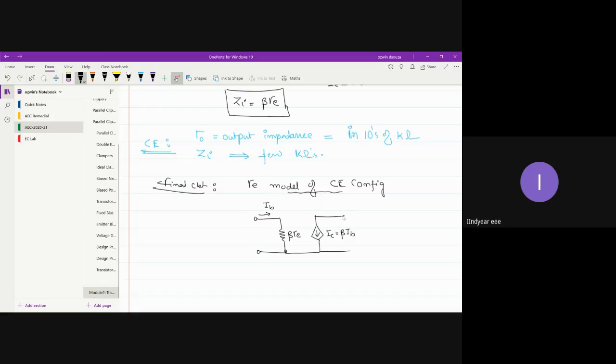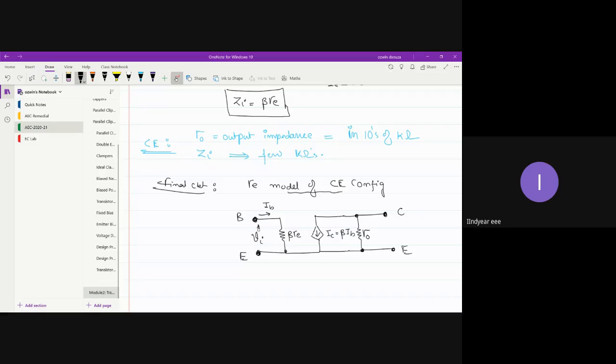And let us also mark the output resistance R0 or output impedance. This is going to be your output port, collector and emitter, and this is going to be your input port, base and emitter.